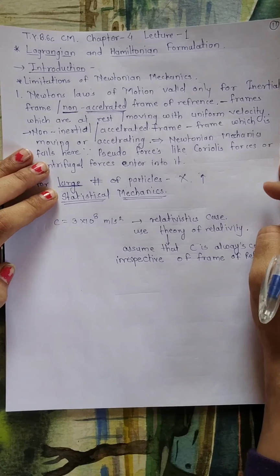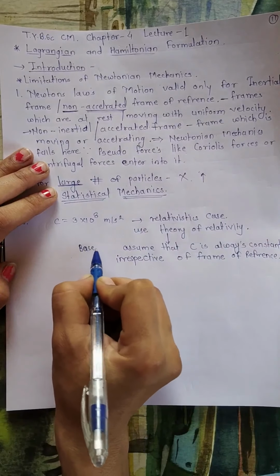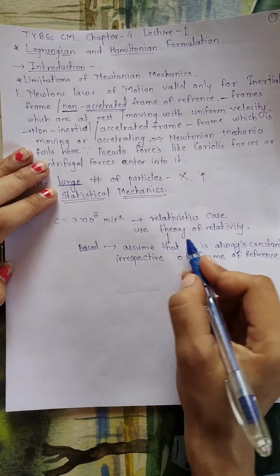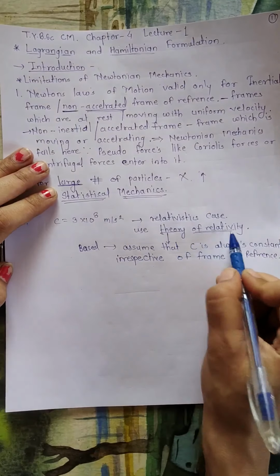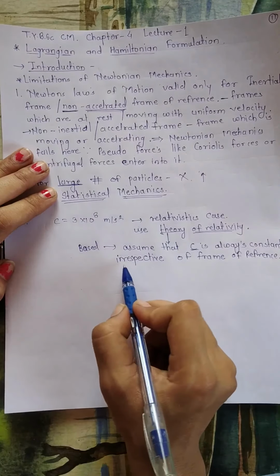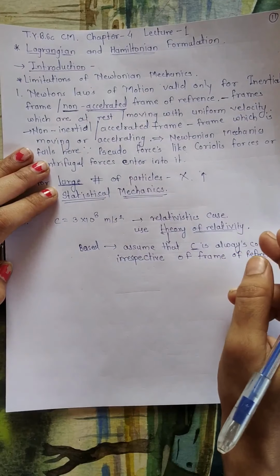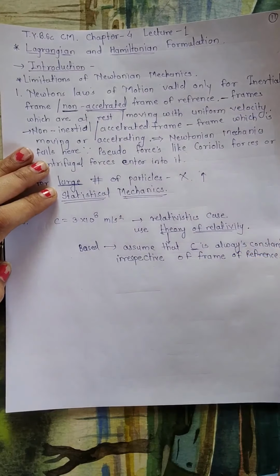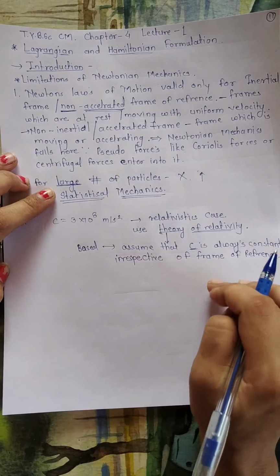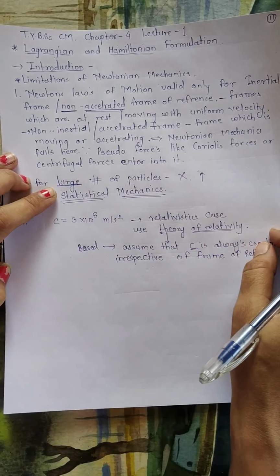This theory of relativity is based on the assumption that the speed of light is always constant irrespective of the frame of reference, meaning the frame of reference will not affect the speed of light. On this assumption only, the theory of relativity is based.